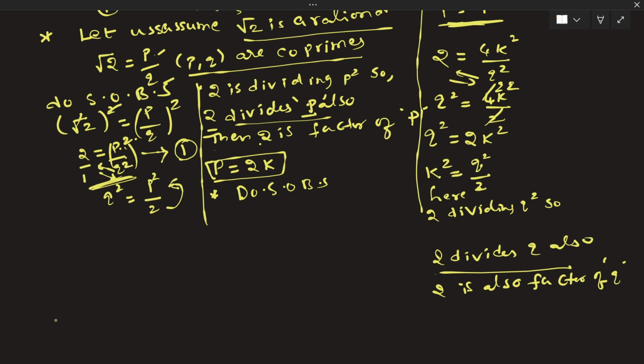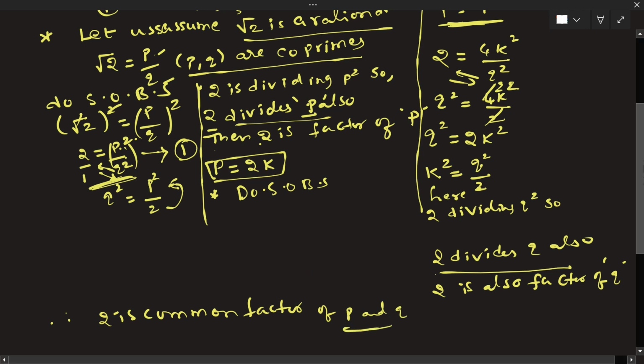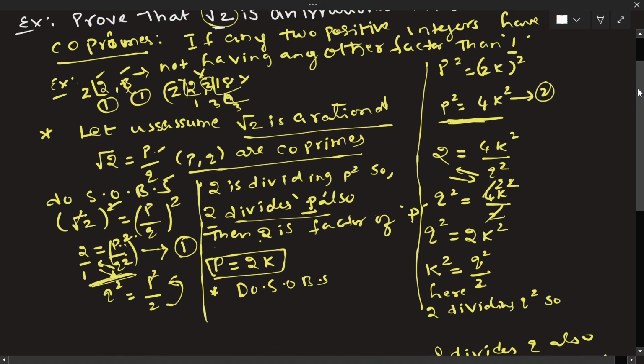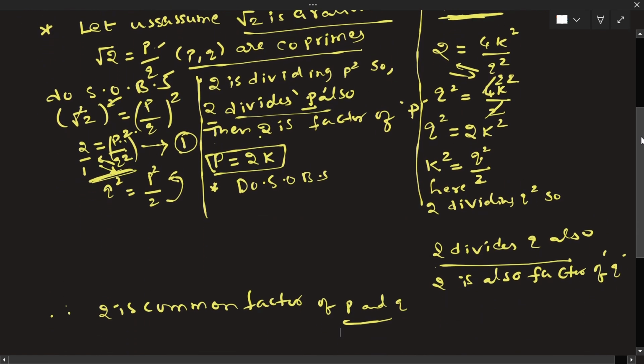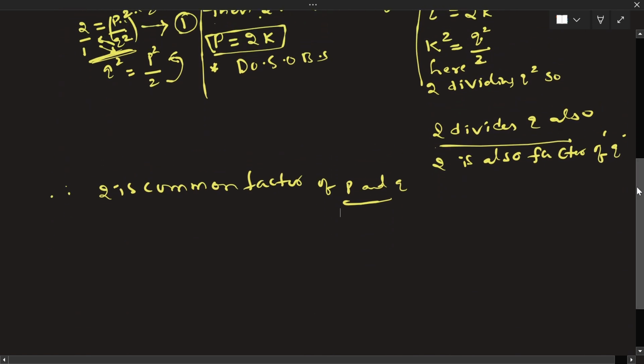So therefore what we can say here, therefore 2 is a common factor, isn't it, students? Common factor of p and q. So what we actually assumed at the beginning, we assumed that p and q are co-primes, but finally we are observing that p and q are having a common factor, that is 2.